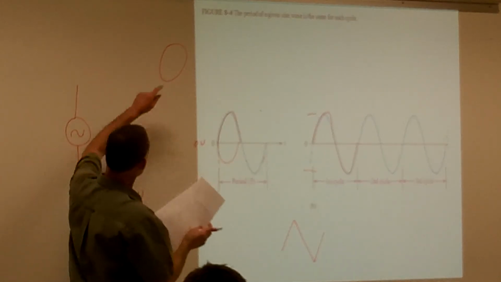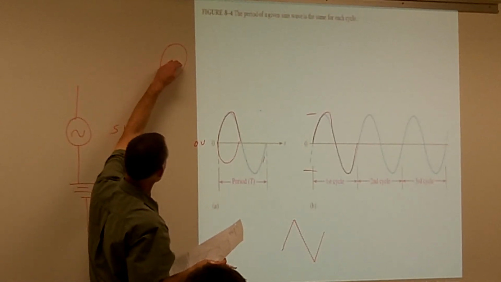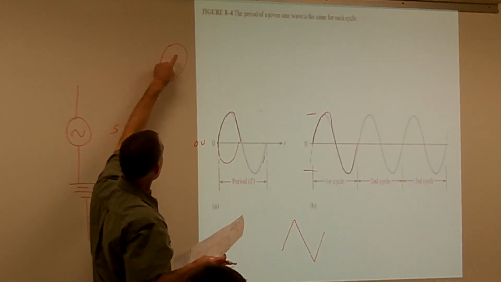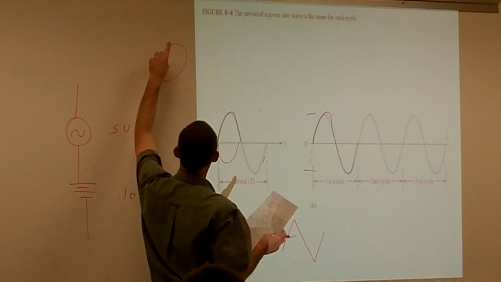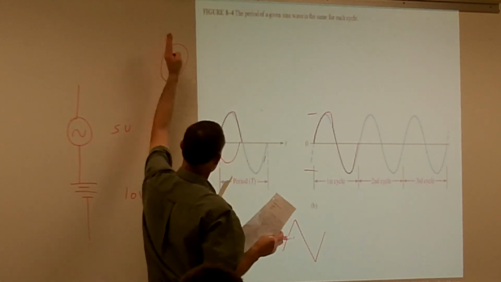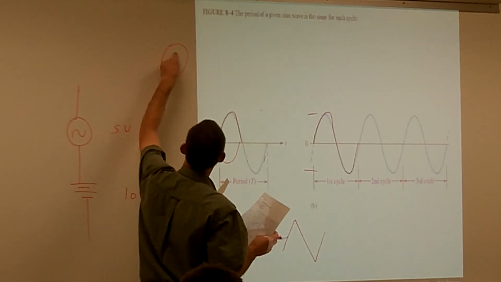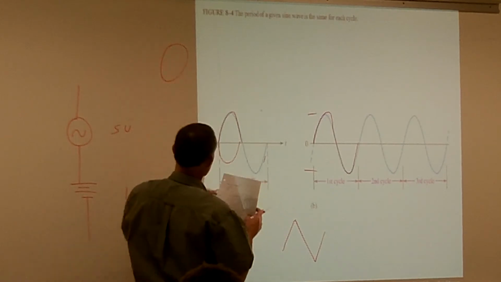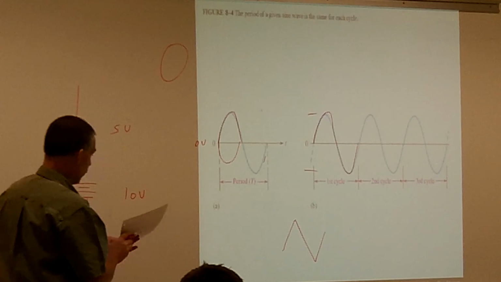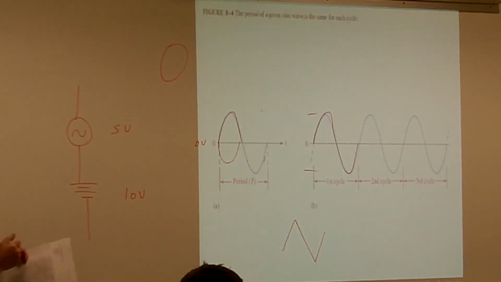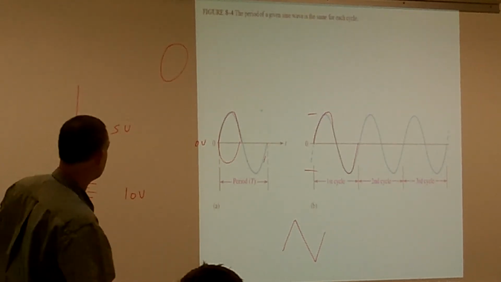If I take a circle and I vary my voltage up and down, and I do that for 360 degrees or one complete cycle, I would actually form a circle. Now remember in DC I said that nothing we do is instantaneous.